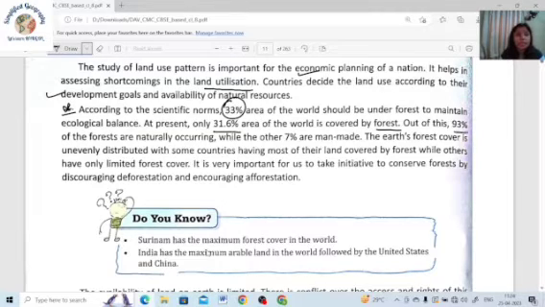Out of this, 93% of forests are naturally occurring, while 7% are man-made. The Earth's forest cover is unevenly distributed, with some countries having most of their land covered by forest while others have only limited forest cover. It is very important for us to take initiative to conserve forest by discouraging deforestation and encouraging afforestation.